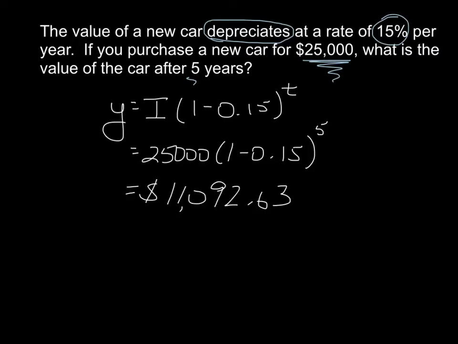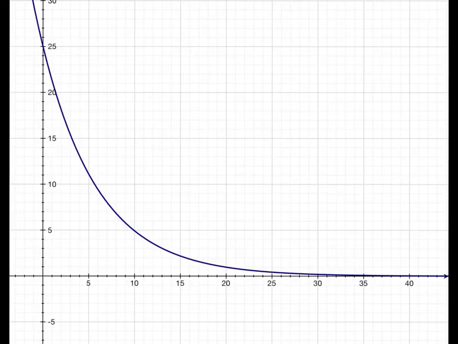You should also take note that 1 minus 0.15 is equal to 85%, which makes sense here because if the car is losing value at a rate of 15% per year, it would be worth 85% of what it was worth the year before.